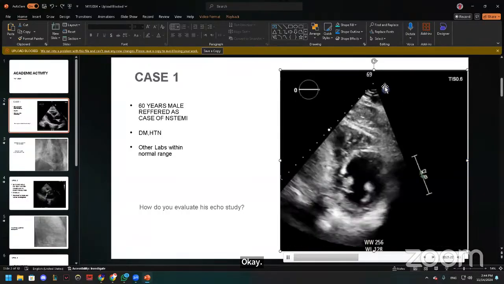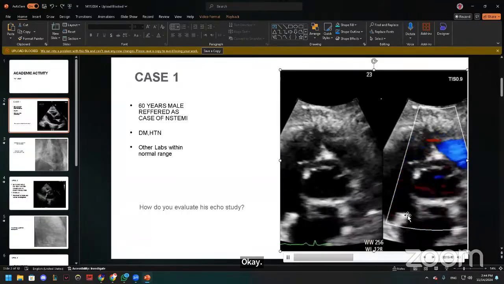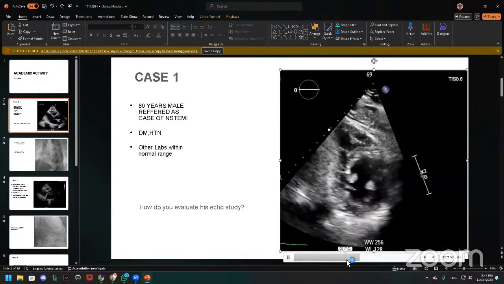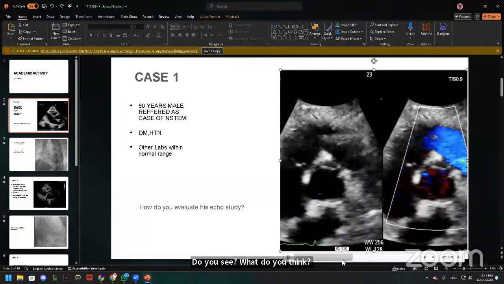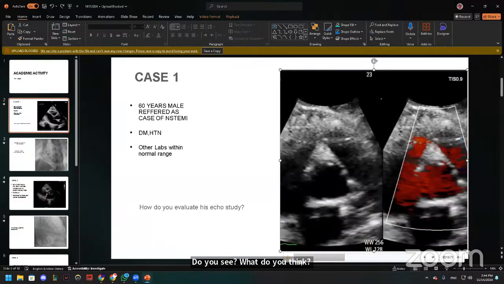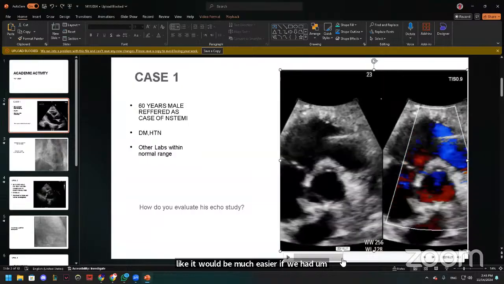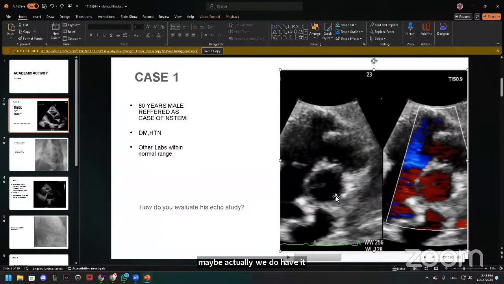Do you see? What do you think? It would be much easier if we had... actually, we do have it. What I usually do is two things: I slow it down and go frame by frame. Why am I going frame by frame?